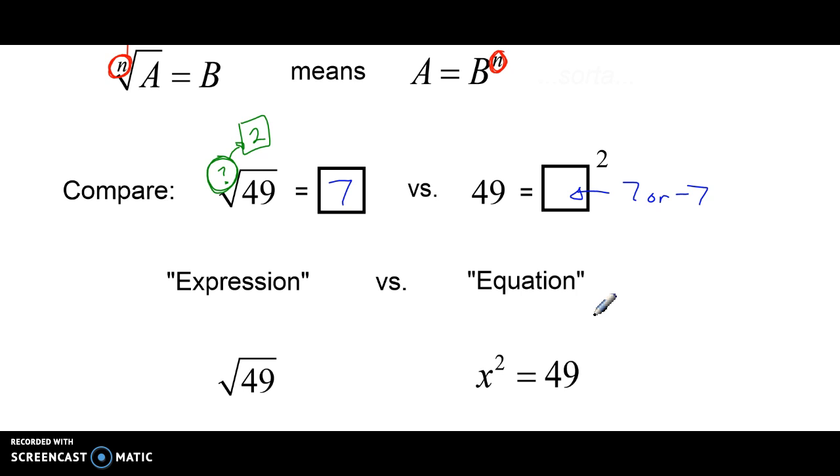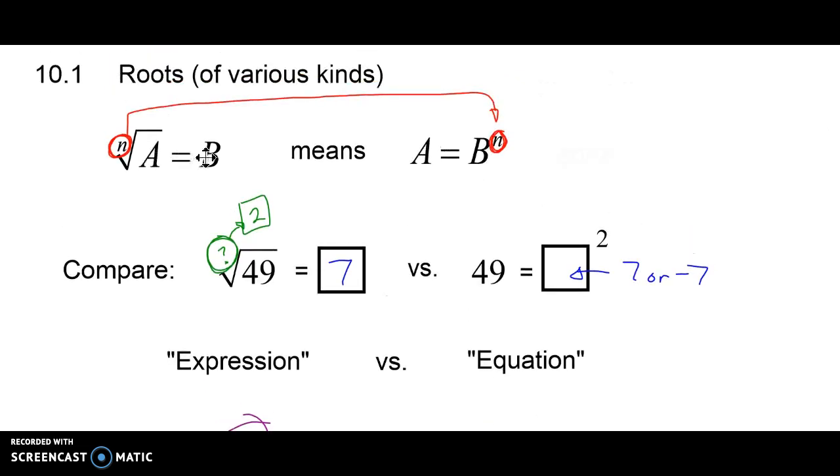And this leads us to a bit of a tricky thing, because we want expressions to be just sort of singular things that just exist, and they don't have choices and maybes about them. So that square root symbol that we're using over here, the actual definition of that is not quite what we had up here. When we said that the nth root of a equals b means a equals b to the n, that's not really 100% correct.